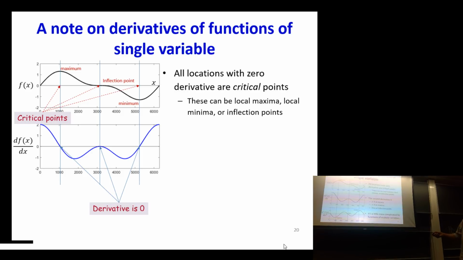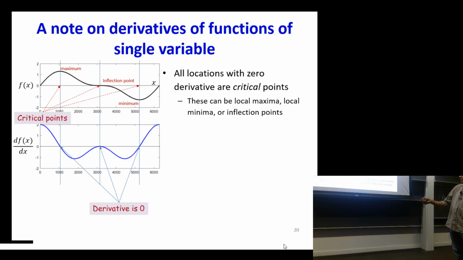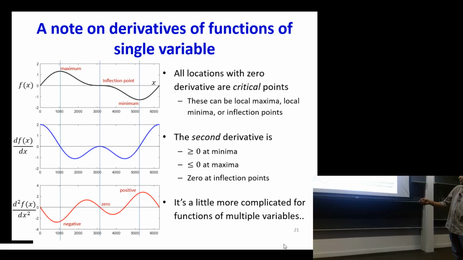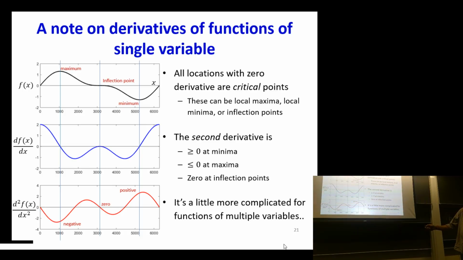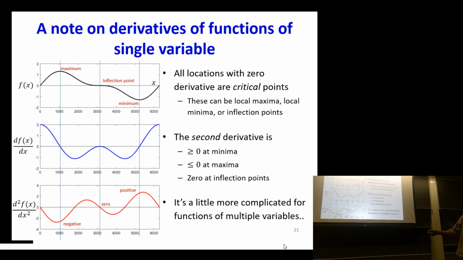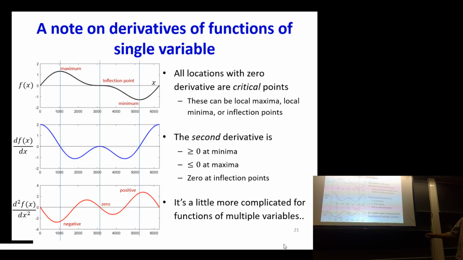Because if you look at the derivative, it looks like so, right? So the derivative is 0 in all of these places. But at this location, the derivative went from being positive to negative, which means the second derivative is negative. Here it went from being negative to positive, so the second derivative is positive.